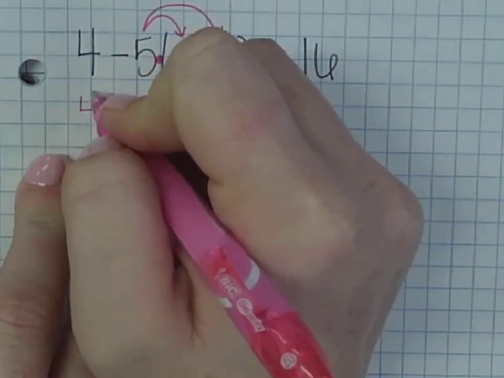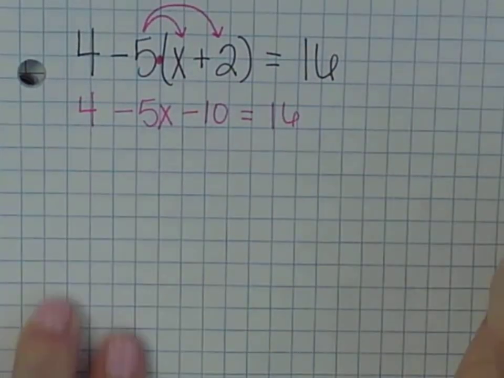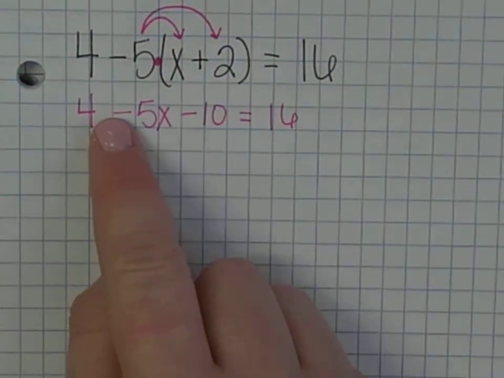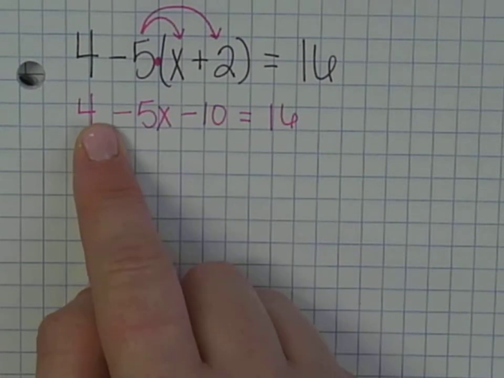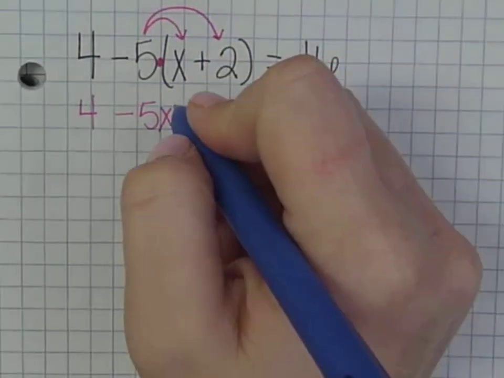Bring down the 4, bring down the equals, bring down the 16. Now notice instead of it being a plus 5x, it's going to be a minus 5x. So I'm going to circle the term with the variable.